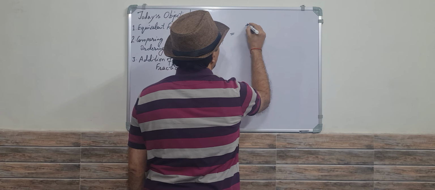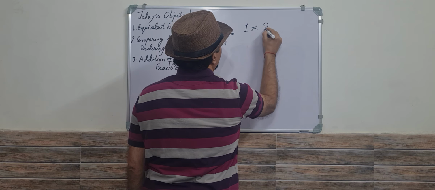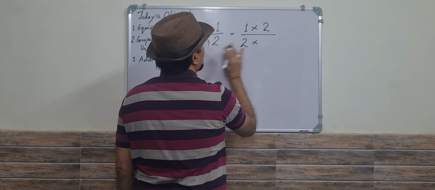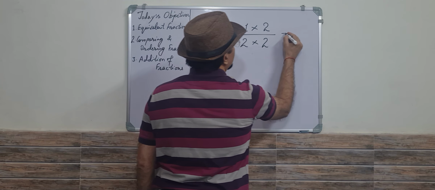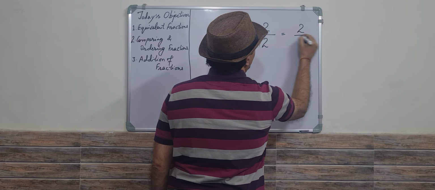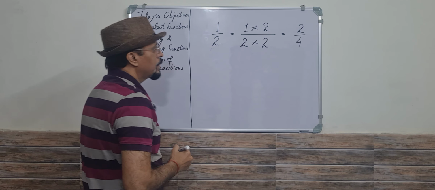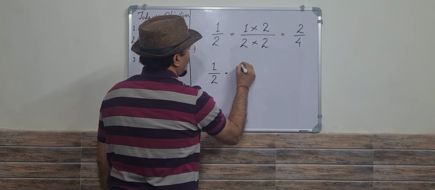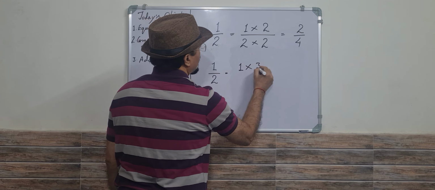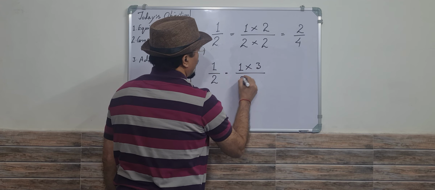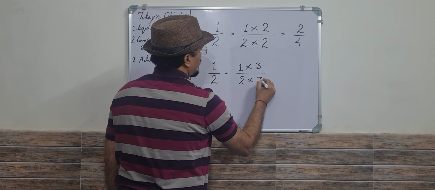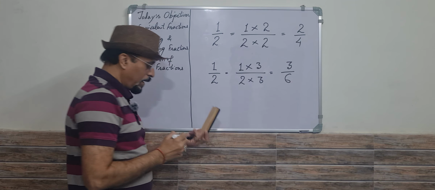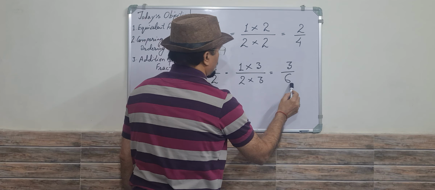So if I multiply the numerator of 1 by 2 by 2 and the denominator also by 2, it comes to 2 by 4. If I take 1 by 2 again and multiply the numerator by 3 as well as the denominator by 3, it comes out to be 3 by 6.